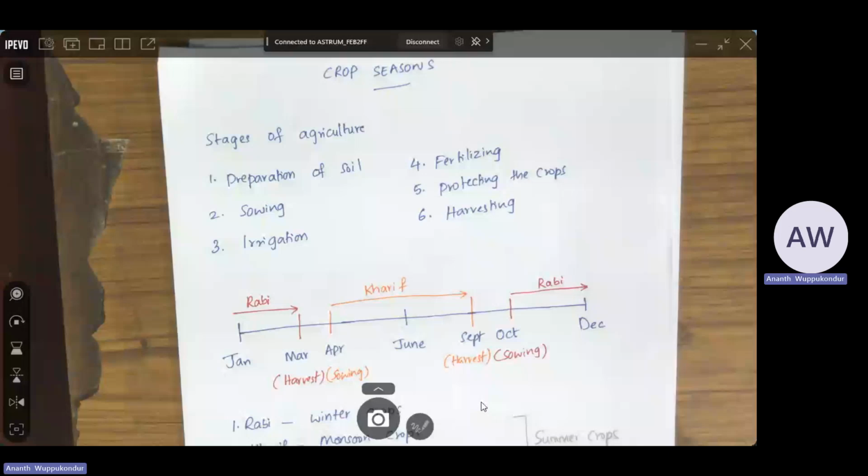So in India, there are two main crop seasons. The one is during the monsoon, and the other is during winter. During monsoon, it's called Kharif season.